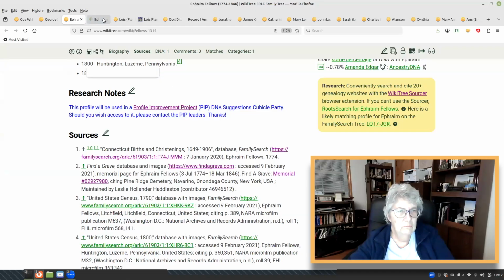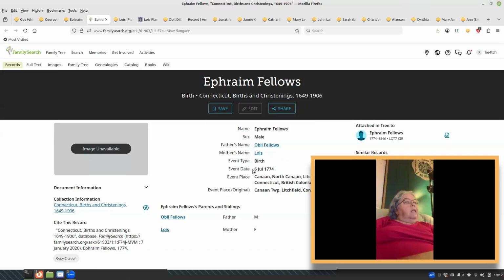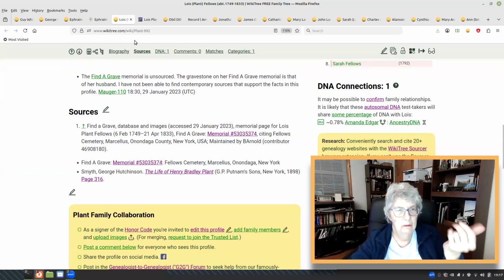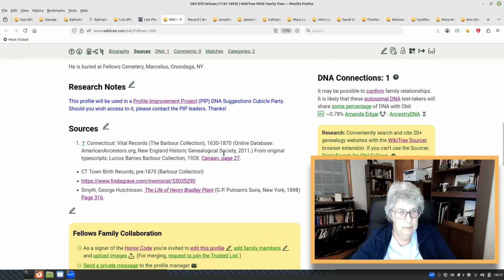Obed Fellows and Lois. So I'd probably be okay with making them confident. That looks confident. He's got that listed there. It has Obed Fellows as her husband. He's got the Barber collection.